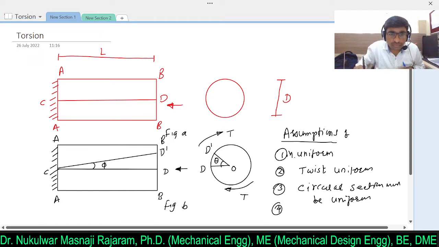So if you observe the cross section BB, this is one plane, and after twist also it must remain the same.